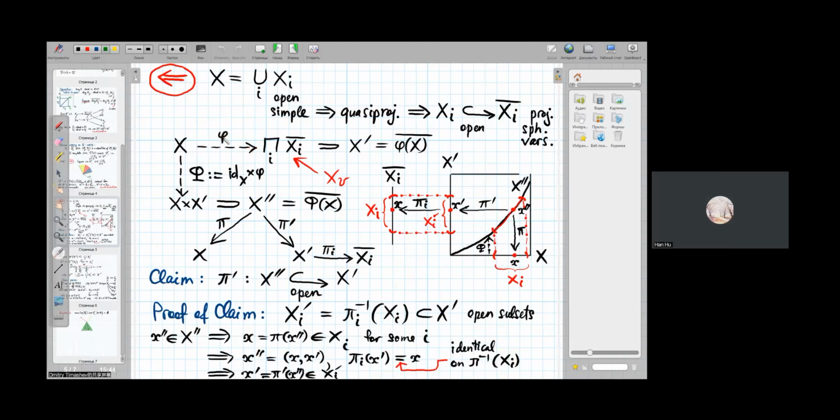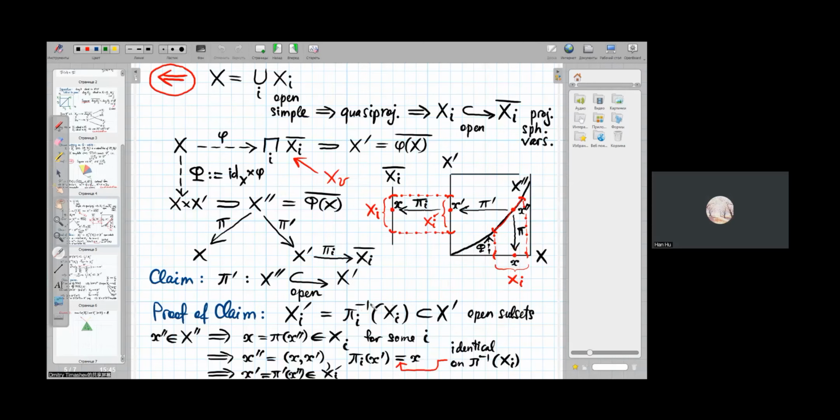So this means that there is no point on x double prime whose image is x. I'm not sure I understood your remark. If phi is not defined at the point x, then how can we choose a point on x double prime?